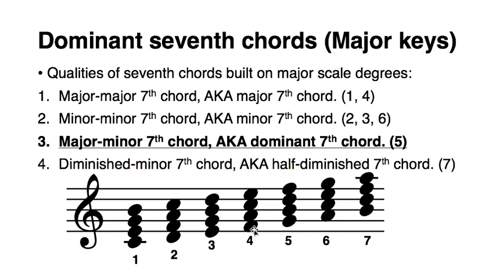Major triads with major sevenths over the roots of those triads. Minor seventh chords will be built on 2, 3, and 6. Ironically, in major scales, minor seventh chords are the most common type of seventh chords. And then you have on the dominant this very special seventh chord, which is a major triad with a minor seventh on top of it.